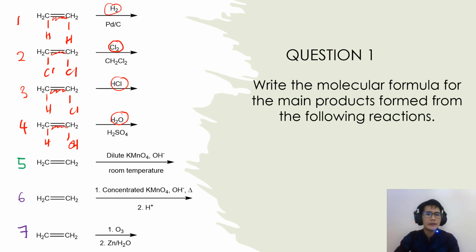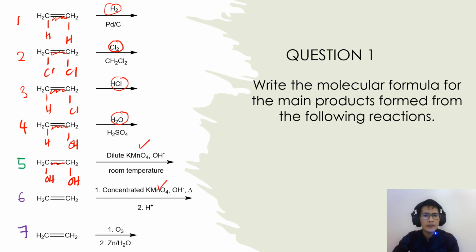How about reaction number 5? Reaction number 5 is actually addition of two hydroxyl groups. So you remove this double bond and you add OH and OH to both ends of the C double bond C. Number 6, the reagent is almost the same as number 5, which is the KMnO4.